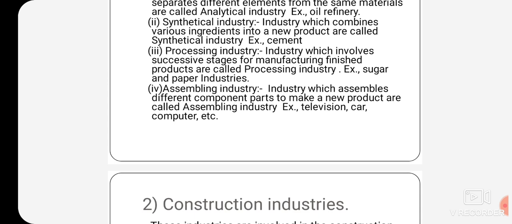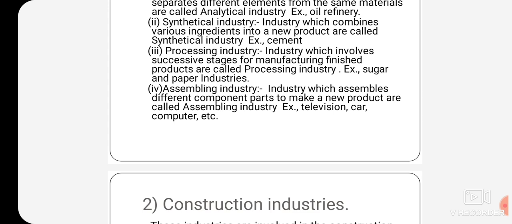Now the third one is coming up, that is a processing industry. So processing industries means these are the industries in which the raw material is processed and refined in various stages and converted into the final product. So for this we can again go for the sugar industry. So in case of sugar industry, what is the first stage of the manufacturing process?